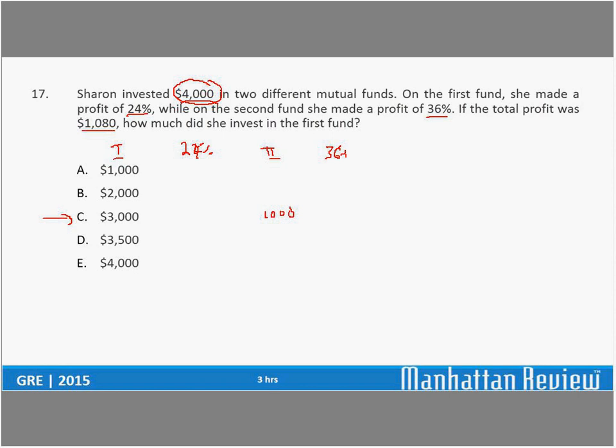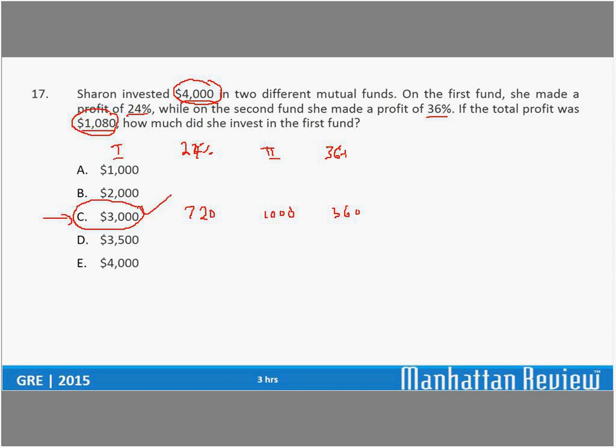If you take 24% of 3,000, that is 720. 36% of 1,000 is 360. Both values add up to 1,080, and the question also says it has to be 1,080. Obviously, this should be the right answer.